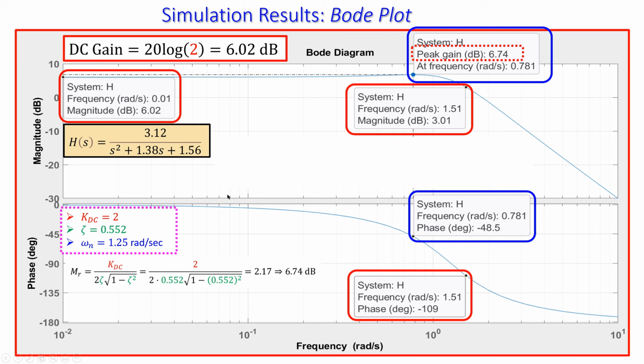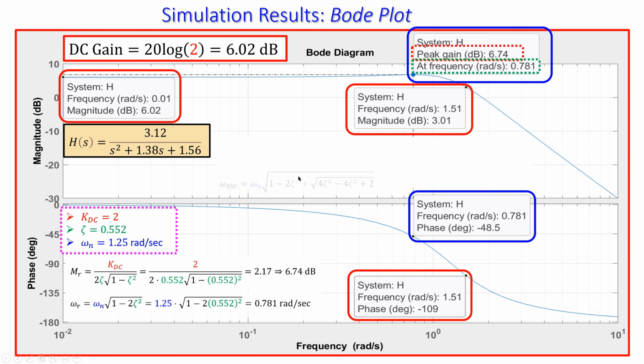The resonant frequency, it's actually this one, so the resonant frequency omega r is omega n times the square root of 1 minus 2 times zeta squared. Substituting the values, I have then 0.781 radians per second, which is then exactly as we have here given in green. The final one is the bandwidth of our response, which is given by this formula.